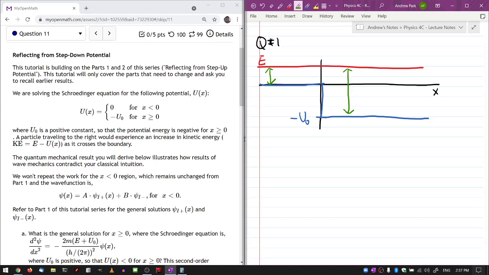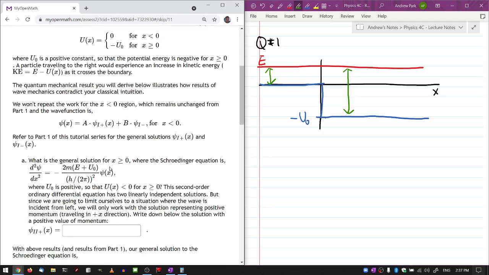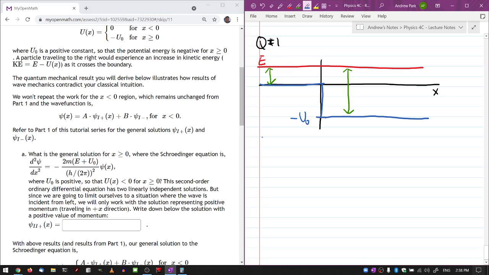The quantum mechanical result you will derive below illustrates how results of wave mechanics contradict your classical intuition. I'll write down that form of the function when we get to that part. For now, let's answer the next part.